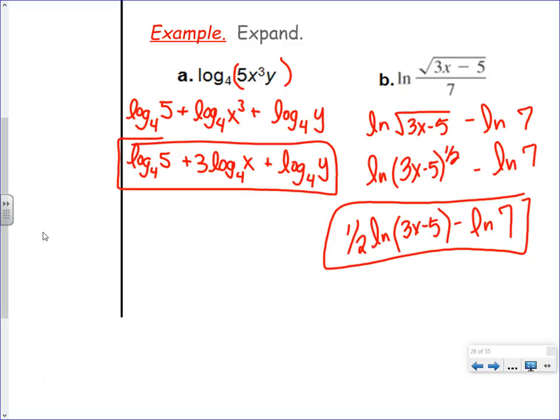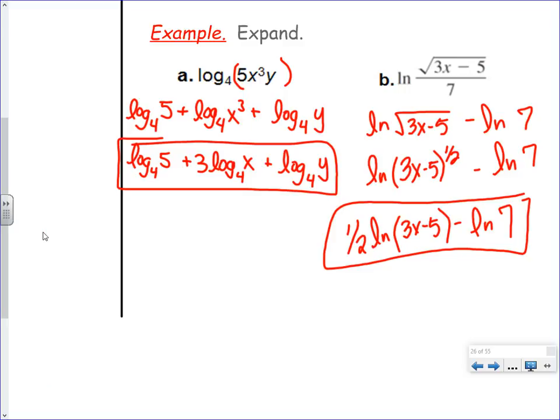Whenever you read multiplication, you put an addition sign, plus an additional logarithm, right? So when I read log base 4 of 5 times, I say log base 4 of 5 plus an additional logarithm. Keep going. X cubed times, plus an additional logarithm, y. Okay? And then why did I keep going? Well, I could make this argument simpler by just pulling down the power.